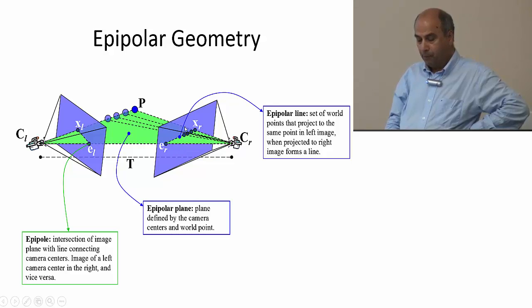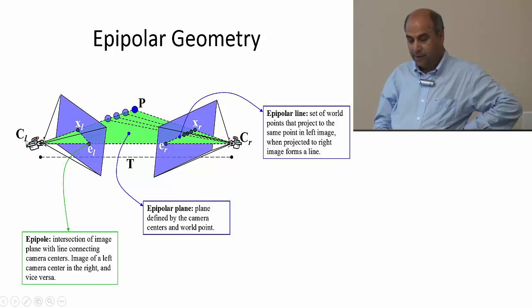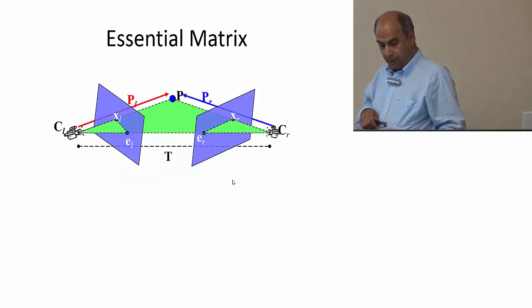So that's called the epipolar line. Then the epipoles are the images of the camera lens of the left in the right, and vice versa. And the line connecting the epipoles intersects these image planes, which is shown here. And the separation between them is the translation. So that's the idea. Okay.